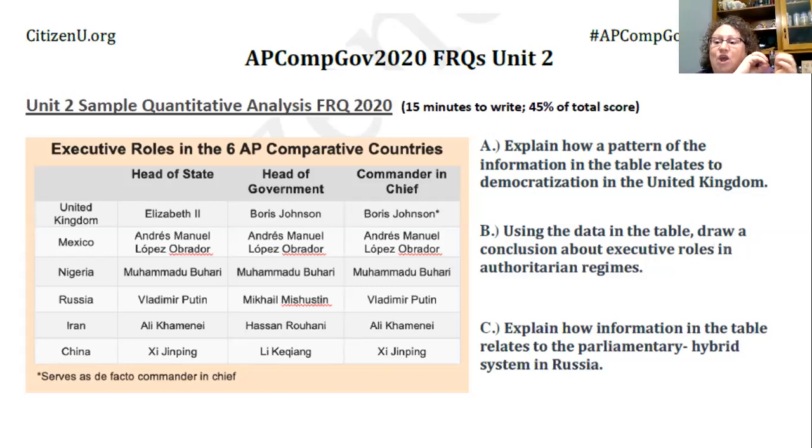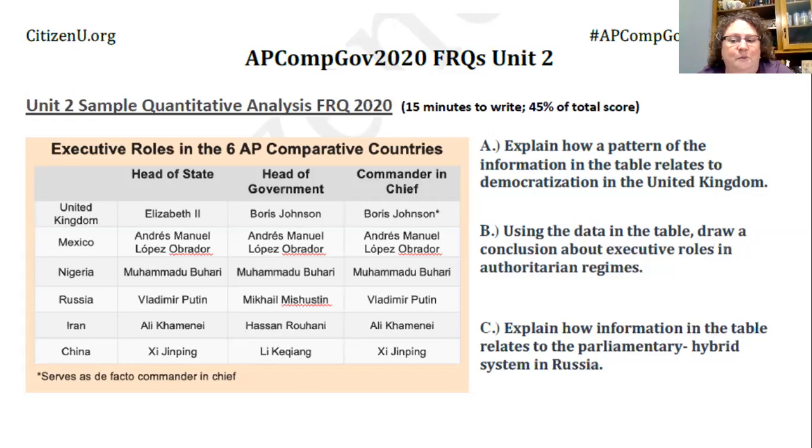They're assuming that you know that Mexico has the same head of state and head of government because they have a presidential system. They're assuming that you know in Russia that Putin is the president, sorry, I'm getting tongue-tied here, and that their head of government is their prime minister. Okay, so there is some assumption that when you look at Iran, you know that Khamenei is the head of state, the Ayatollah, and that Rouhani is the head of government, the president, okay?